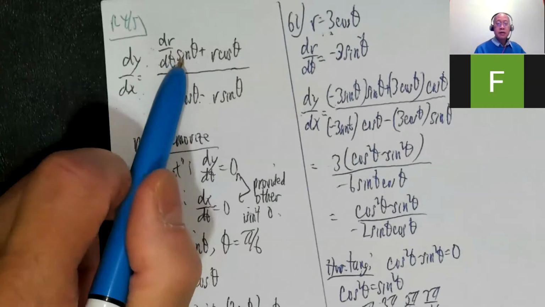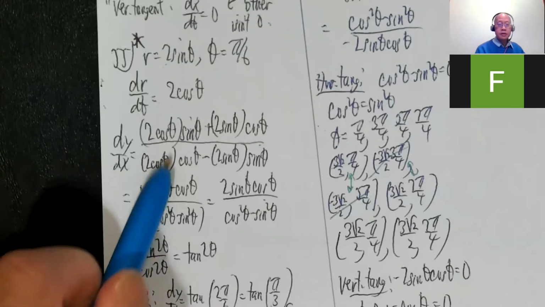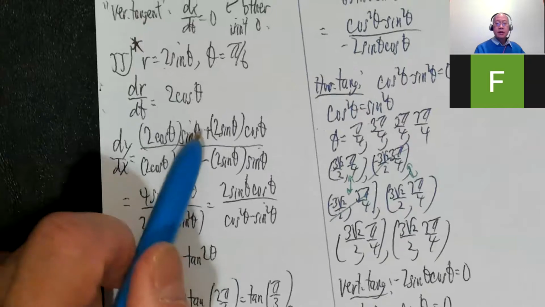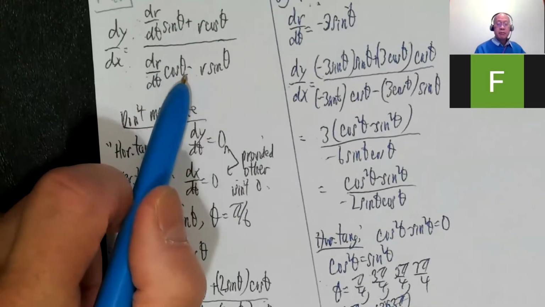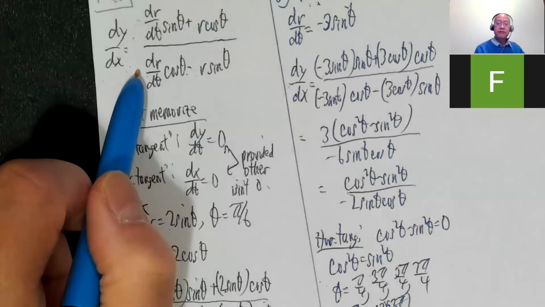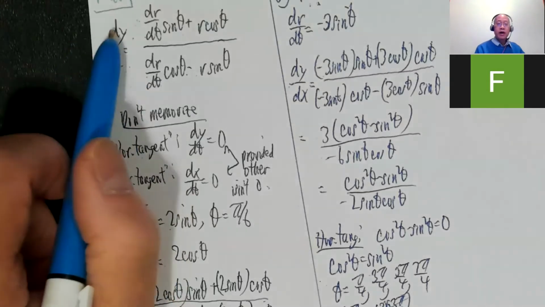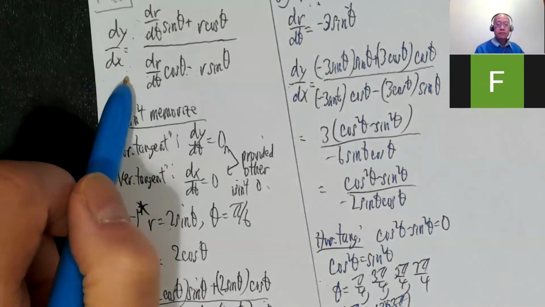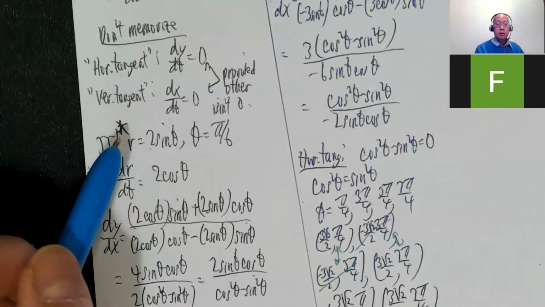And then by formula, sine theta, cosine theta, sine theta, cosine theta, that's always there. And then it's a plus and a minus. Again, if you want to know where this formula comes from, it's by implicit differentiation of dy/d theta divided by dx/d theta.